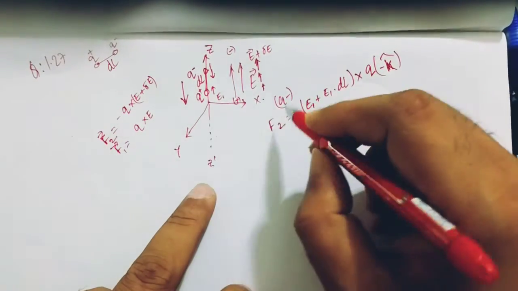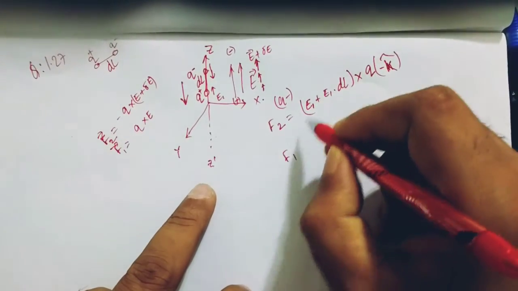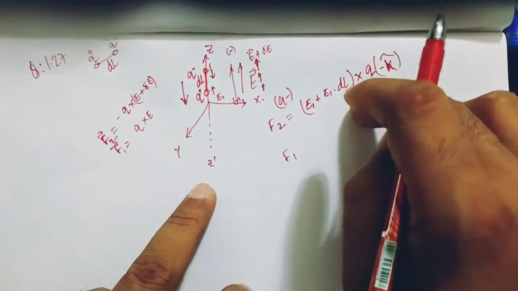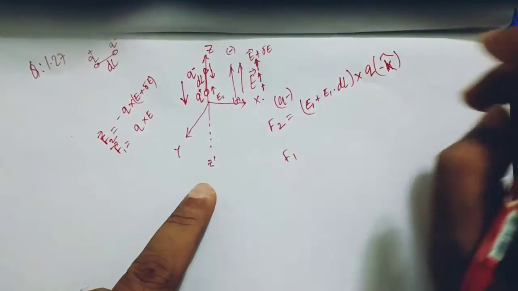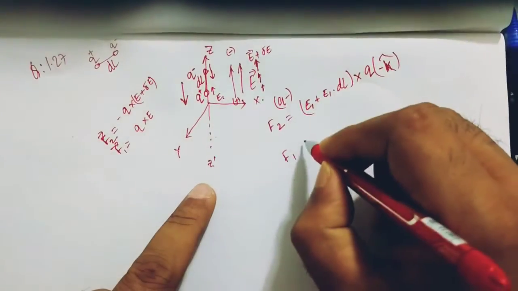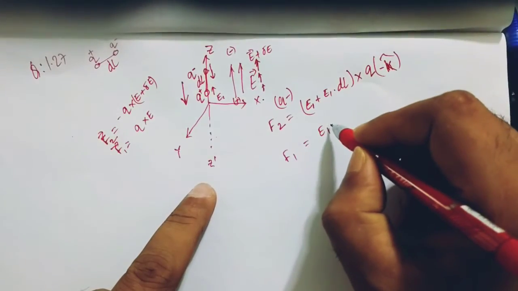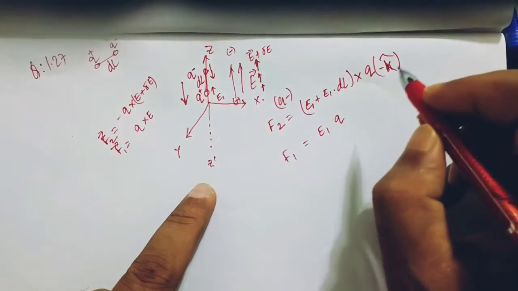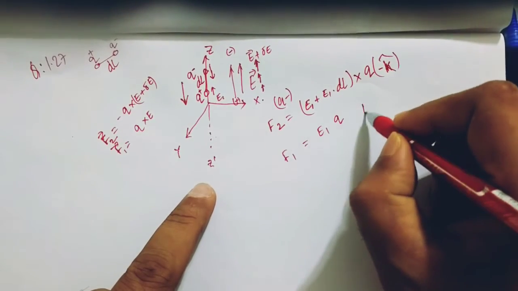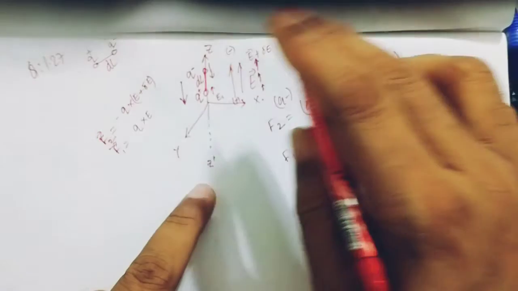And for this one, for q1, this is F. I am taking the mod value of this one because the direction is 0 degree, so cos 0 is 1. So for this one only this force is working, E1 into Q, and this is the k cap direction, the positive z direction.